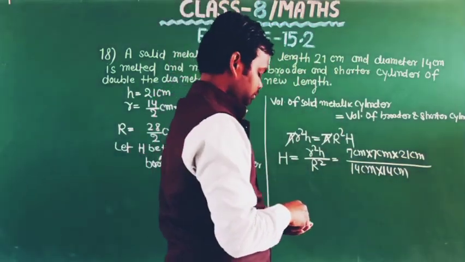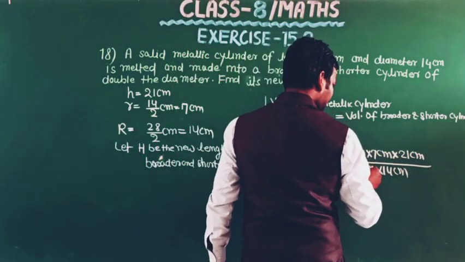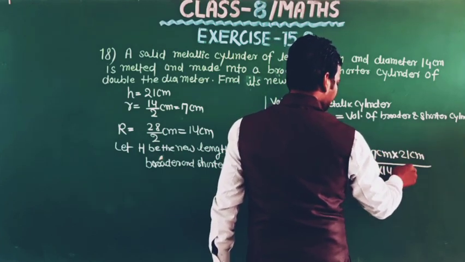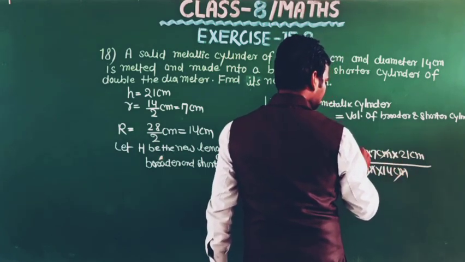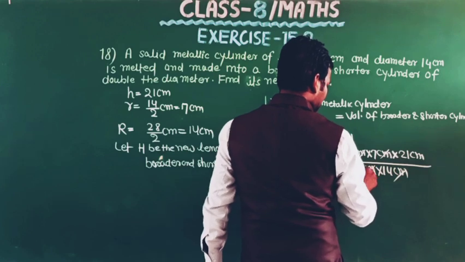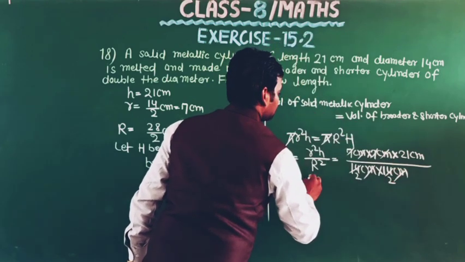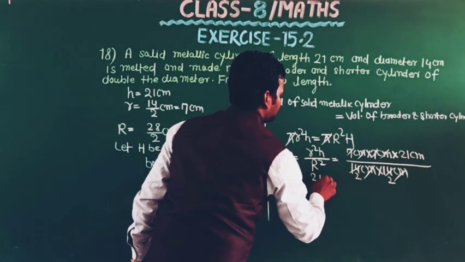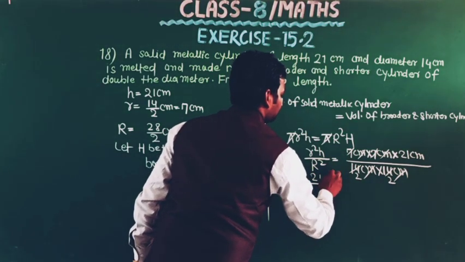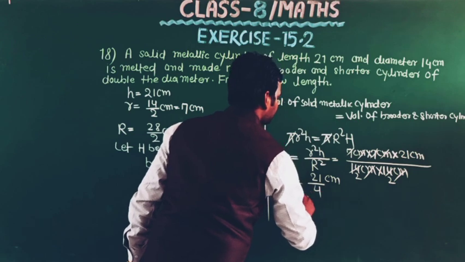Now simplify: centimeter cancels out, and 7 into 2 is 14, 7 into 2 is 14. Remaining we are left with 21 centimeter by 4.